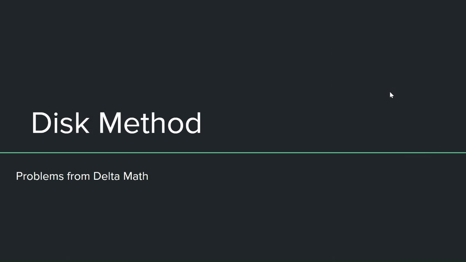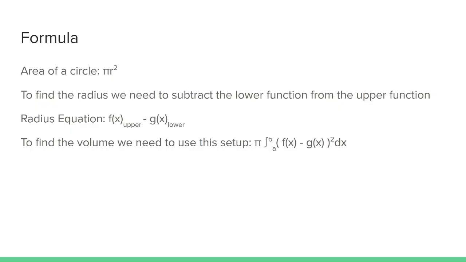All right, today we're going to be doing disk method. All right, so for our formula for disk method, we need to use the area of a circle, which is pi r squared. To find the radius, though, we need to subtract the lower function from the upper function. What this looks like is, when we're showing a graph, our upper function, f of x, minus our lower function, g of x, and that would equal our radius.